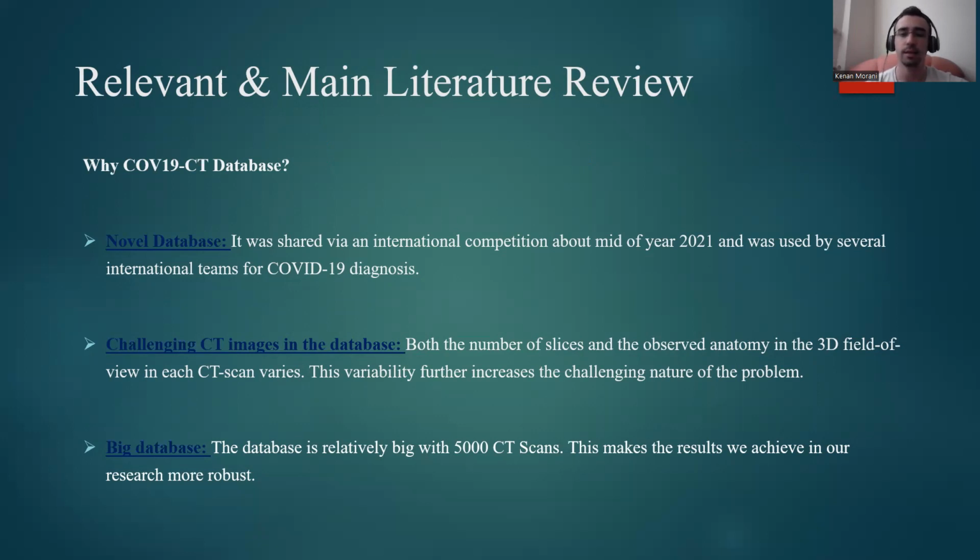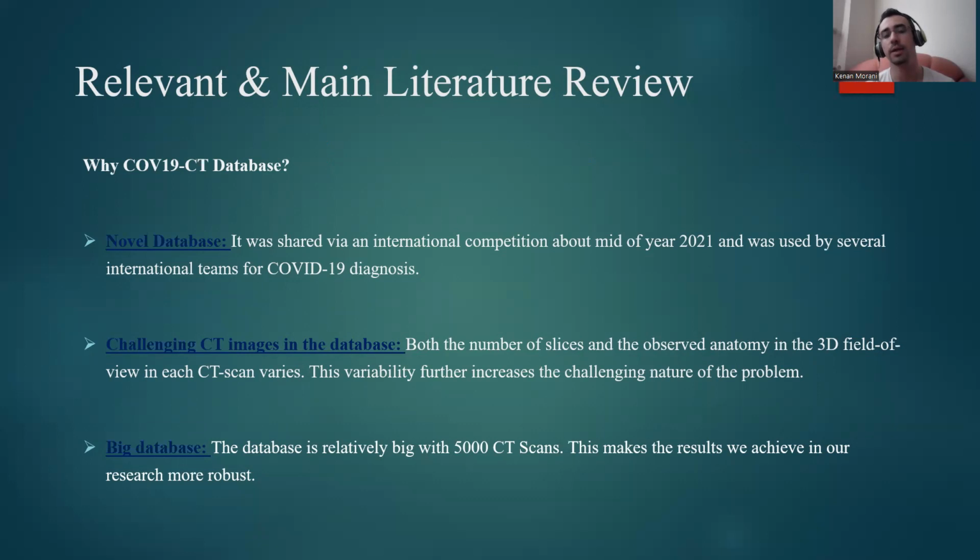Looking at the slides, you can notice the variety of numbers. In one CT scan, you might find a very small number of slices, like 1 sometimes, or the number could be very, very high. This variation makes it more challenging, and this challenging nature is another reason that we chose the data set. A third reason is that it's a big data set, which makes the work more robust.